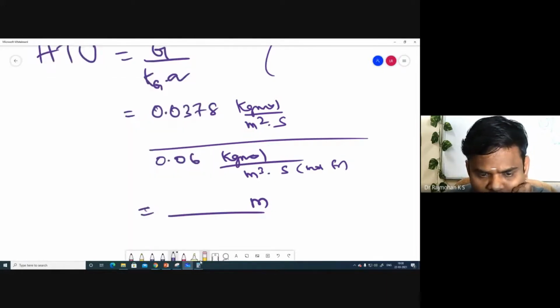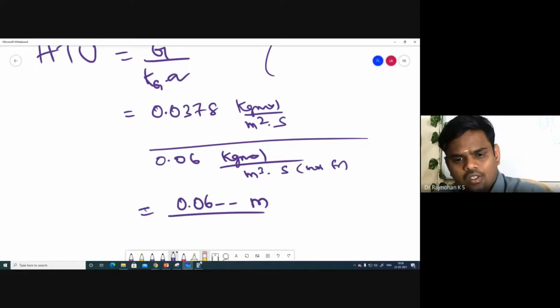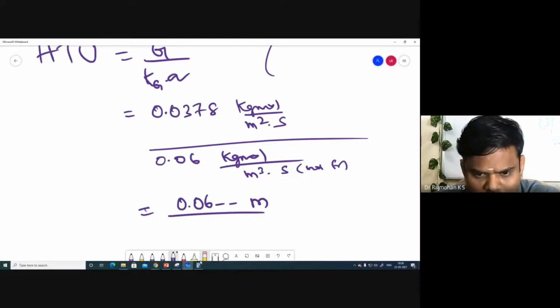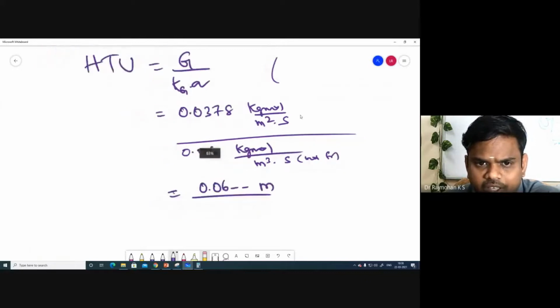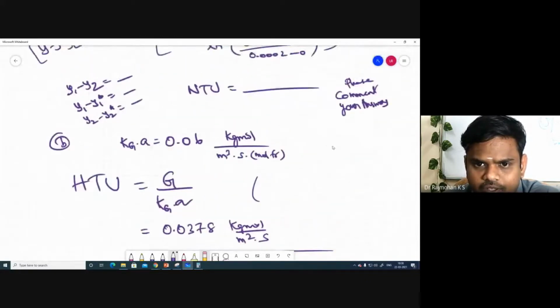You write four digits, as I used to say. I'll write what I have got; you may get a value from 0.0595 to 0.0655. In between, whatever value you get, you can write that. So we have the HTU value and the NTU value determined.